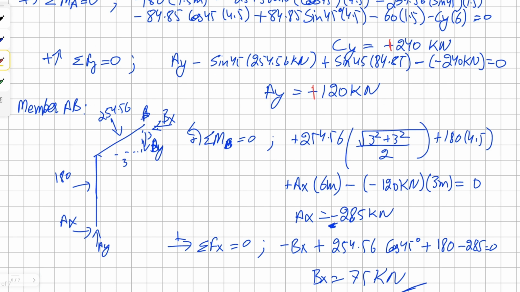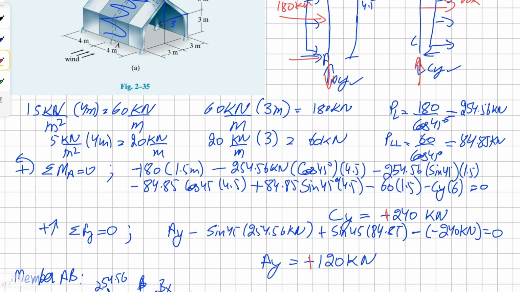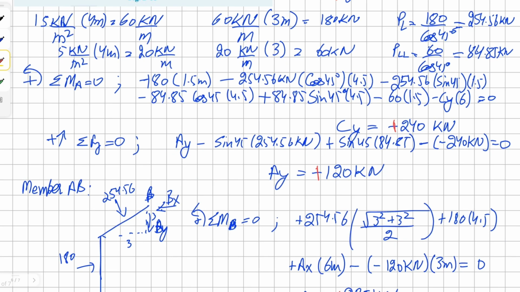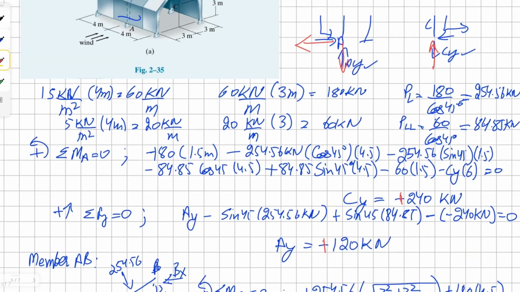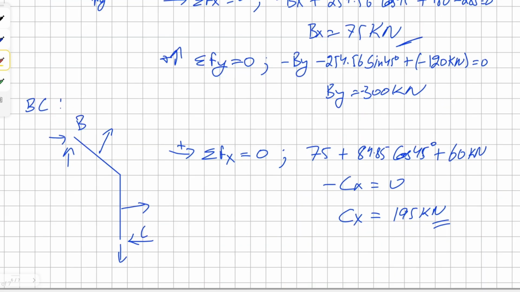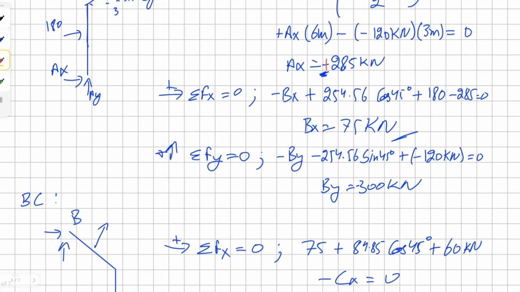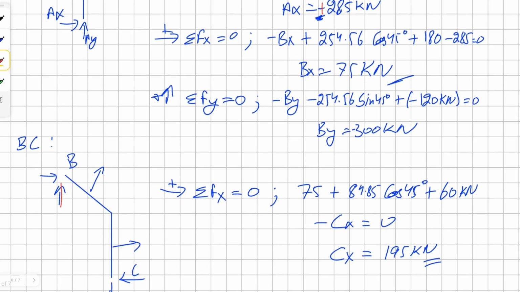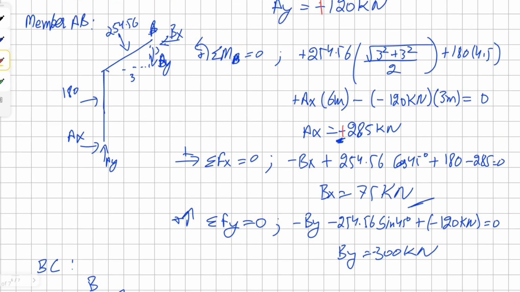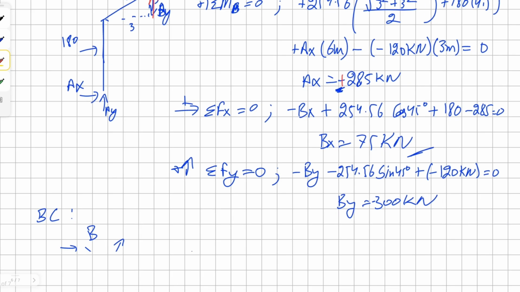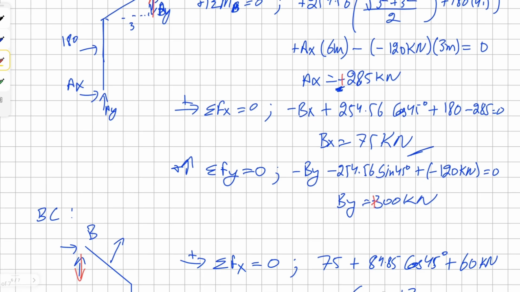And the same thing for AX, the value will change, and also the direction vector for AX will change. But this is not necessary. Your answer is correct even without switching them. And for BY and BX it doesn't really matter, but if you do need to, you can always go back. So this will be going down, going up, and then this becomes positive. And there we have it.